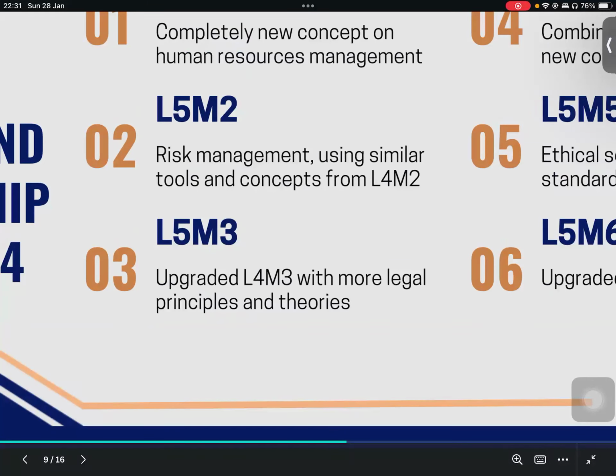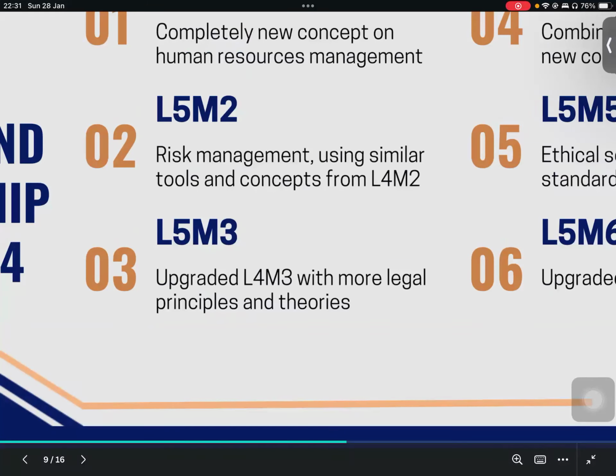With L5M5, it is about ethical sourcing, and it is kind of an upgraded version of L4M4, with more specific standards. They introduce you to the standards and regulations in the relevant area. With L5M6, it is about category management.